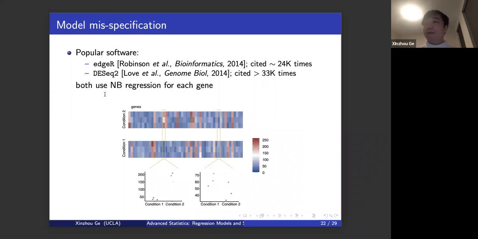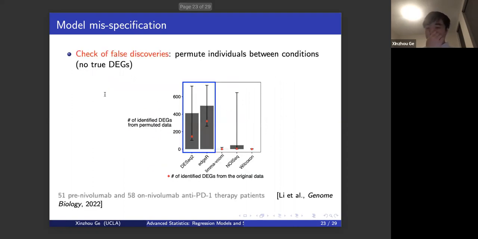However, even if they did such adjustment and try to make their models more reliable, we still have some problems with these softwares. And actually this is a paper that I published myself with my collaborators. In this analysis, we look at a human immunotherapy dataset.